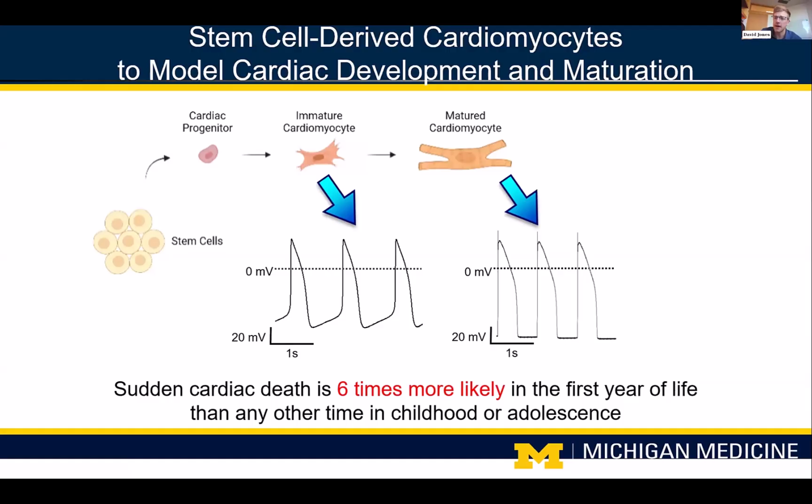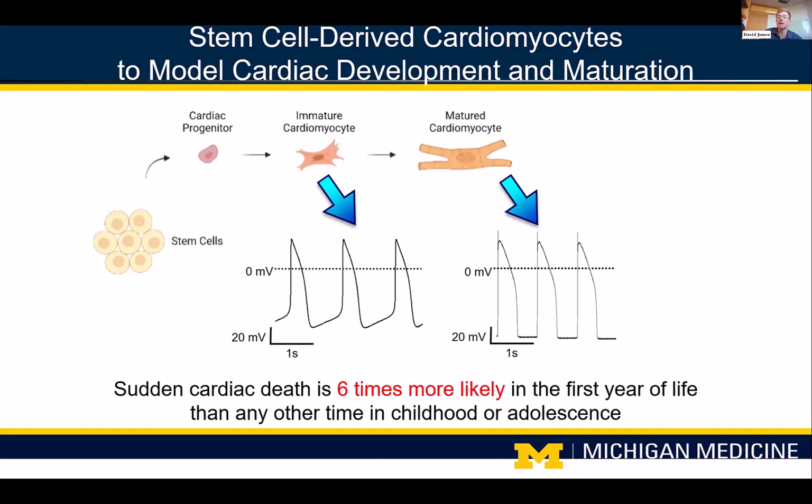And one of the big drivers that we do this is that sudden cardiac death is about 6 times more likely in the first year of life than any other time in childhood or adolescence. And when you really think about that, it's surprising when we put in the context of how much value we put on an infant's life. We actually know very little about the physiology in that early stage of life.